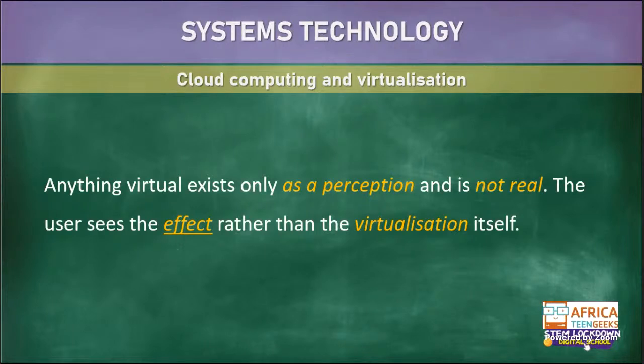You are saving your information based on the browser, but you don't see the server itself. You don't see the hardware where that information is. So that's where the virtual part comes into play. You see the effects when you query the data that is saved somewhere there in the cloud, and then you simply get the results.